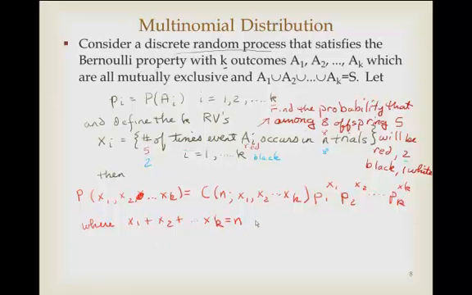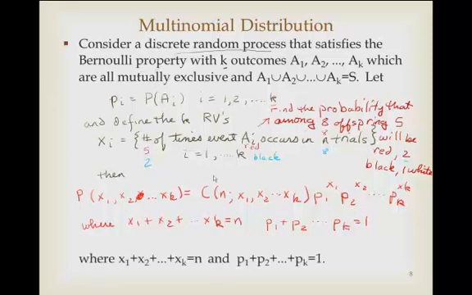And all of those probabilities, p1 plus ... plus pk, add up to 1. So there's your multinomial distribution.